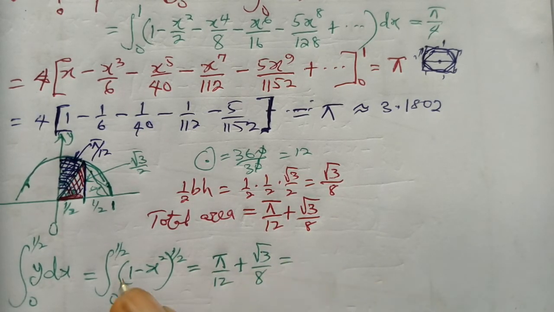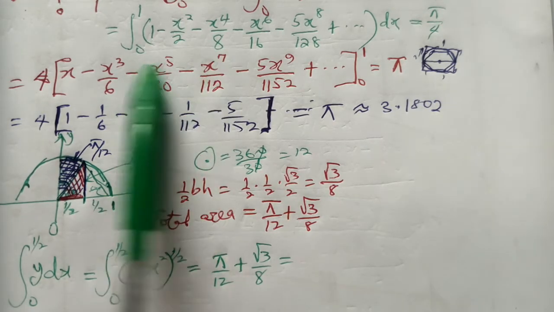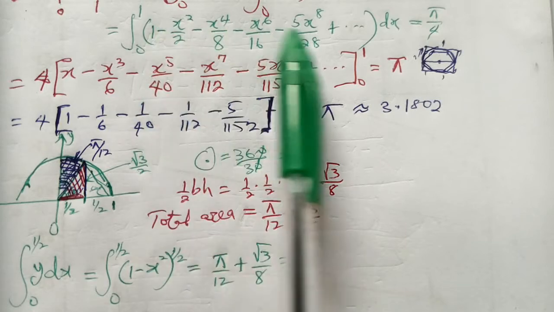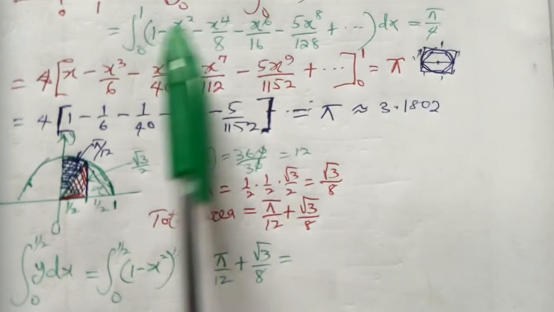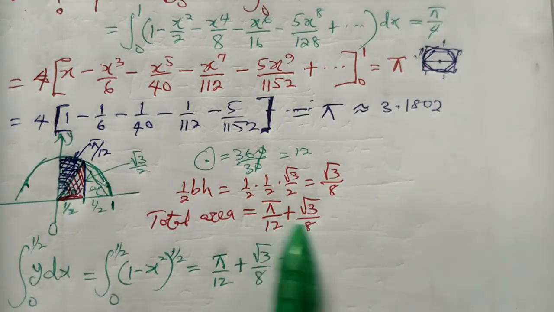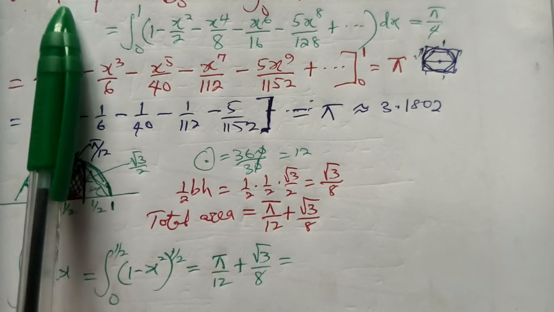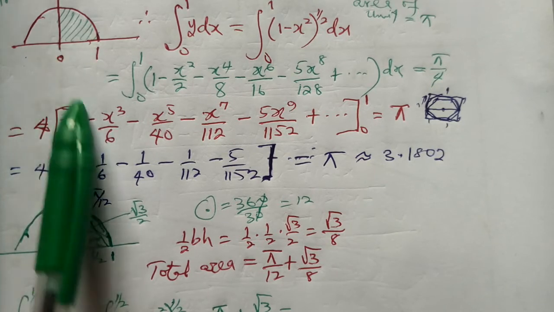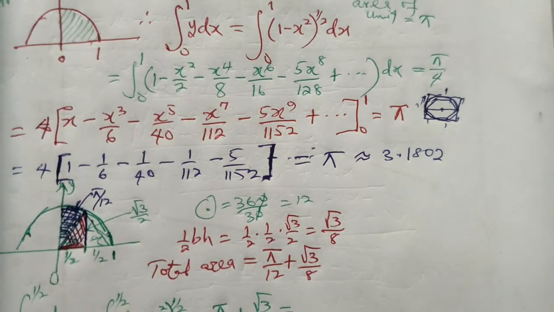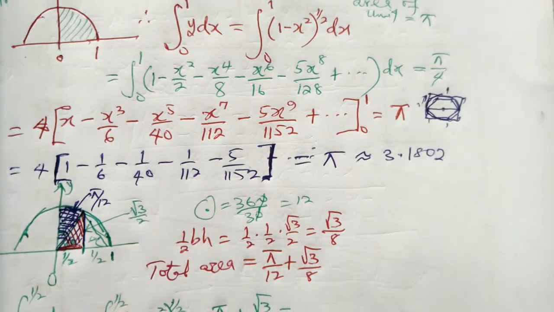So let us now plug in halves in this equation that we have obtained, but equating it now to this, because it's no longer a semicircle. A quadrant is just at the 0.5 mark along the x-axis.